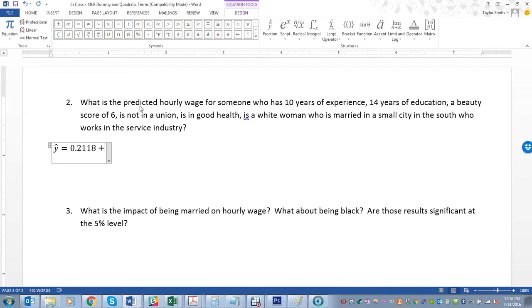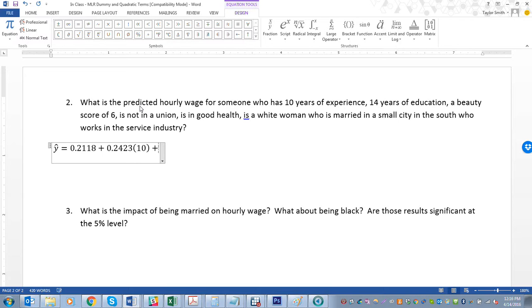Here we go. So the next thing we have is experience. This person has 10 years of experience. So we're going to do our coefficient, which is 0.2423 times the value of experience, which in this case, she has 10 years of experience. Okay. The next we have experience squared.